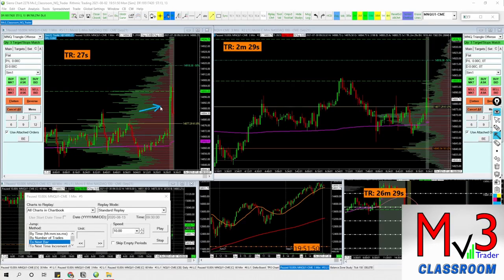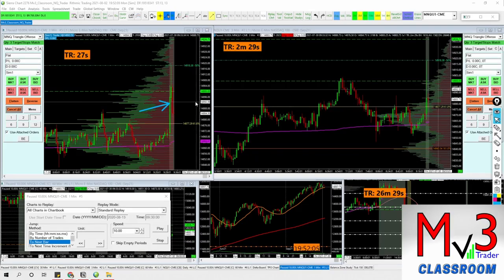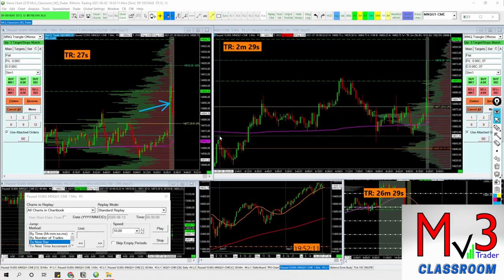I could have had a signal there, just off this 1 minute. Of course, again, we are using our 3 minute for the signal, and then we're using our 1 minute for execution, for our trigger. So I could have had a trigger right there. That's at 892.5. I could have taken that if I was trading that first 3 minutes, but I'm not. So that is one trigger.